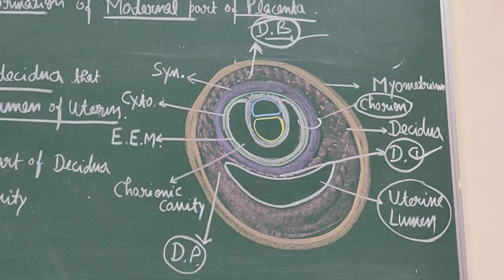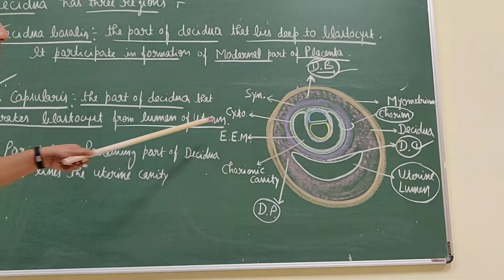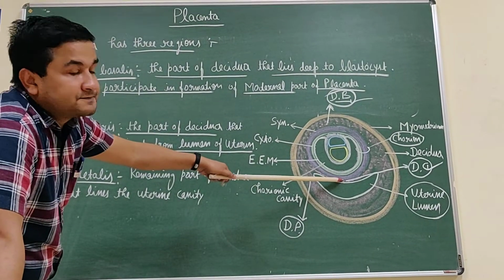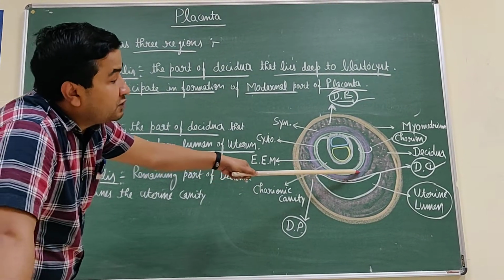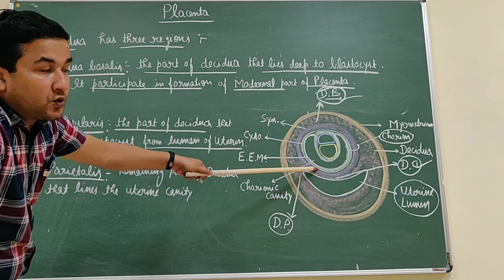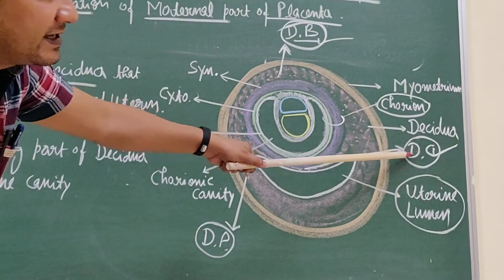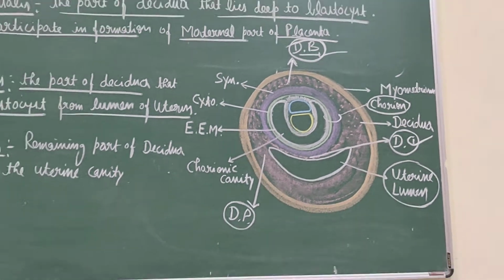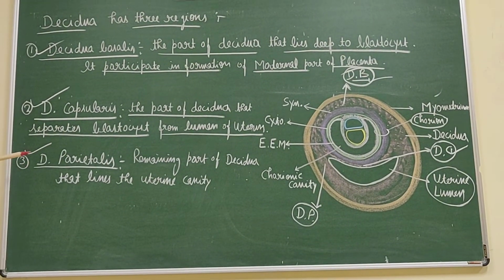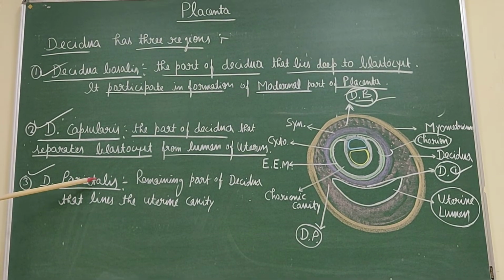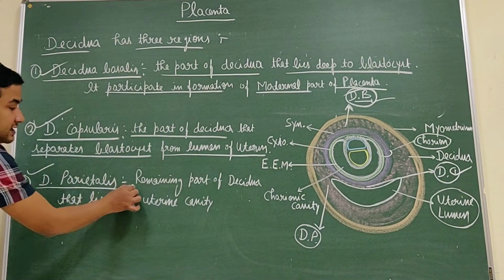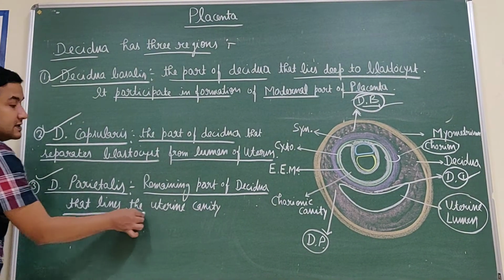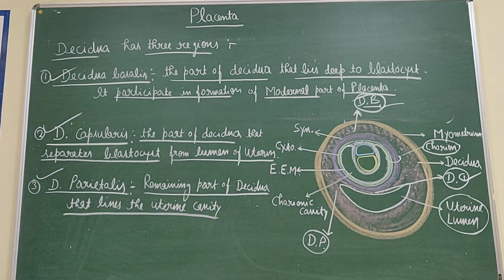The part of the decidua that separates the blastocyst from the lumen, or the part of the decidua that is related with the abembryonic pole of the blastocyst, is the decidua capsularis. Now the third part is the decidua parietalis. It is the remaining part of the decidua that lines the uterine cavity.